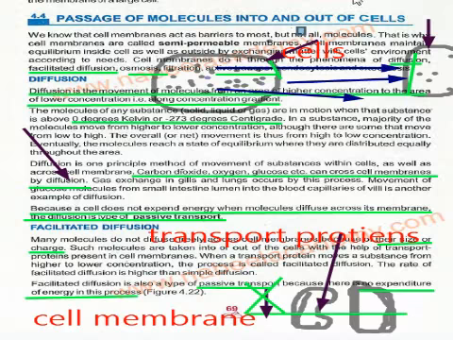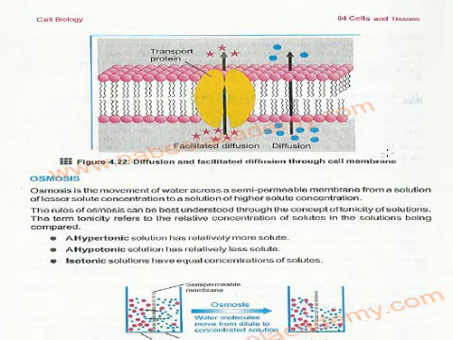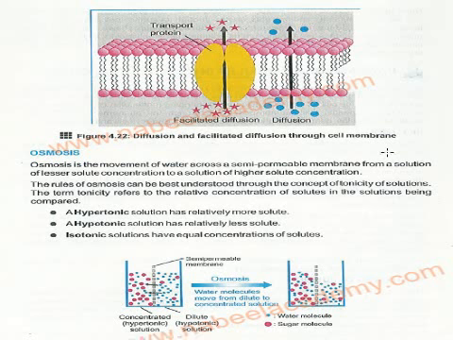Now see, in this diagram it is very easy for you to understand diffusion and facilitated diffusion. In my diagram I showed something getting inside the cell, but in this diagram something is getting outside the cell.